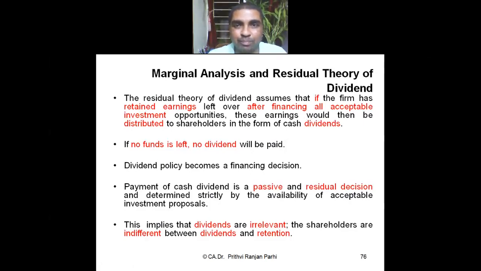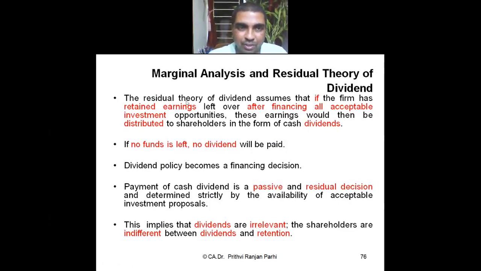The earnings should not be distributed to the shareholders as long as acceptable projects are there. But when acceptable projects are not there, then dividends should be distributed. Are you getting?